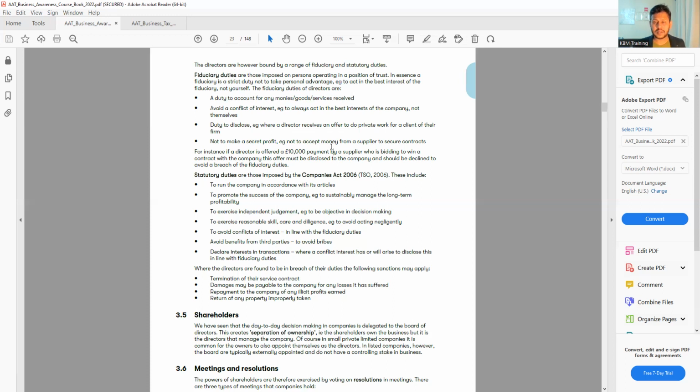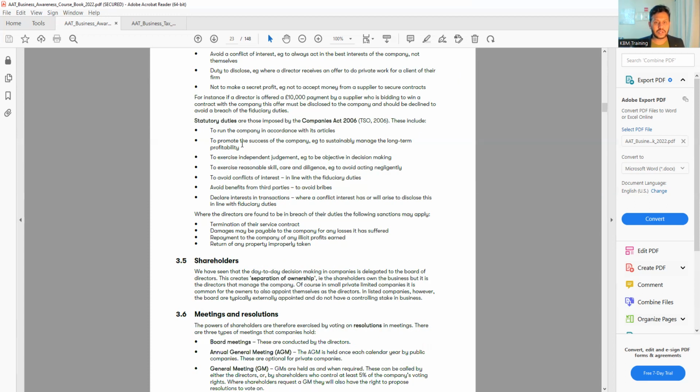The supplier says, if you buy the raw material from me, I'll give you some sort of commission. So the director chooses that company instead of buying from other companies where it is cheaper. So he's not working for the best interest of the company, and he's not allowed to do that. The director has a responsibility to always do what is best for the company, not for his own interest.